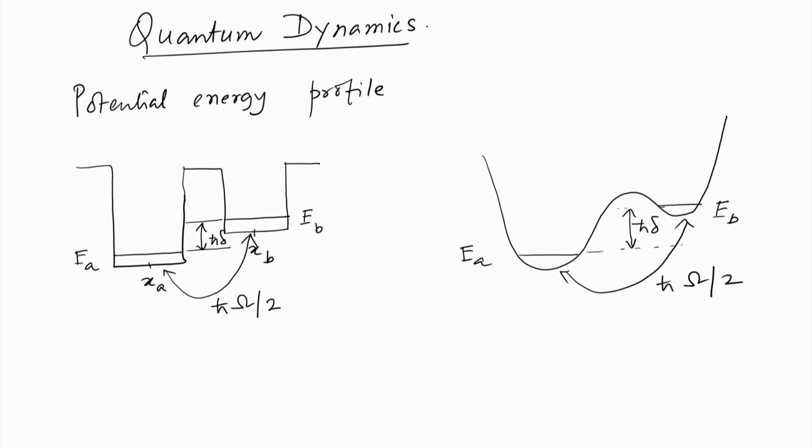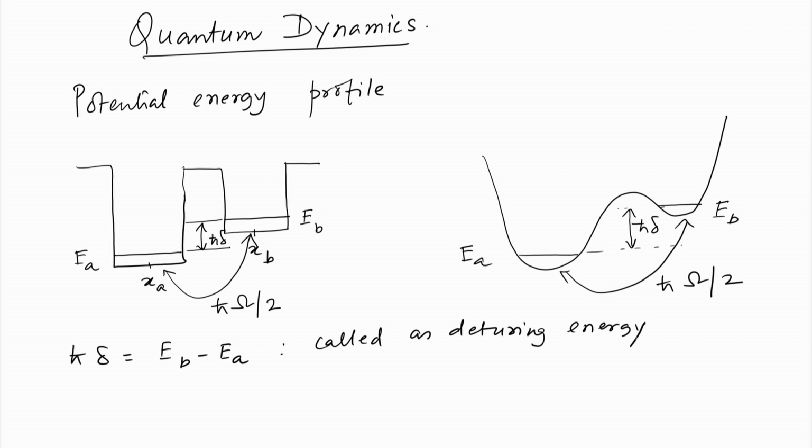This omega is called the Rabi frequency, and this delta is called the detuning parameter. So, we will write h cross delta equal to E B minus E A, and this is called the detuning energy. And this delta is called the detuning parameter.